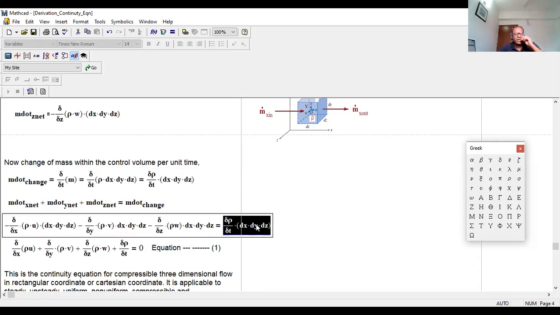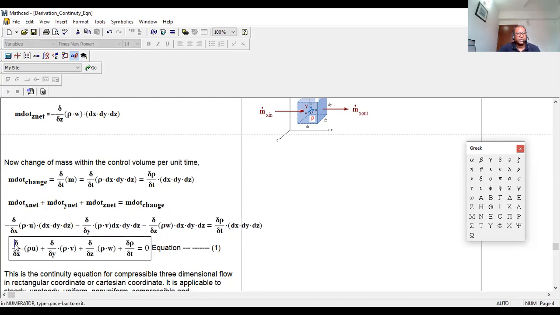Now, you see dV is everywhere. I can take it out. So finally, you are getting this equation: del by del x of rho u, plus del by del y of rho v, plus del by del z of rho w, plus del rho by del t, equal to 0.